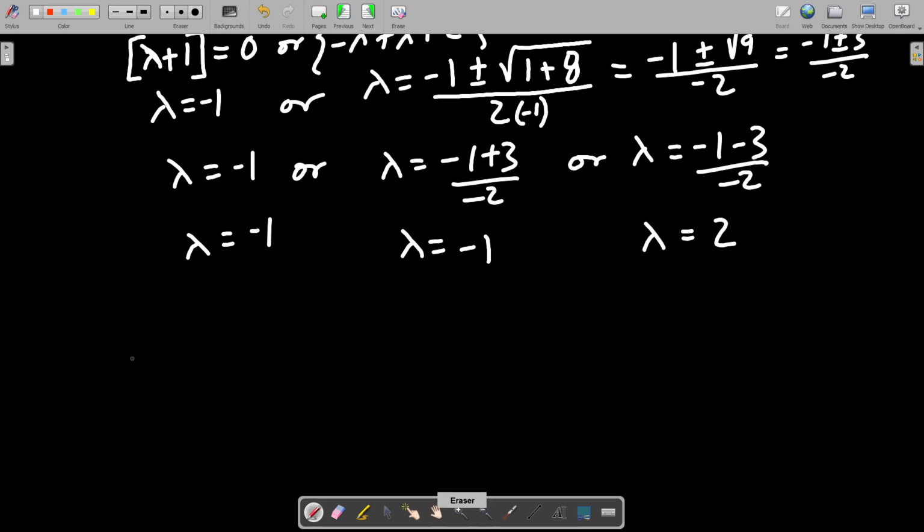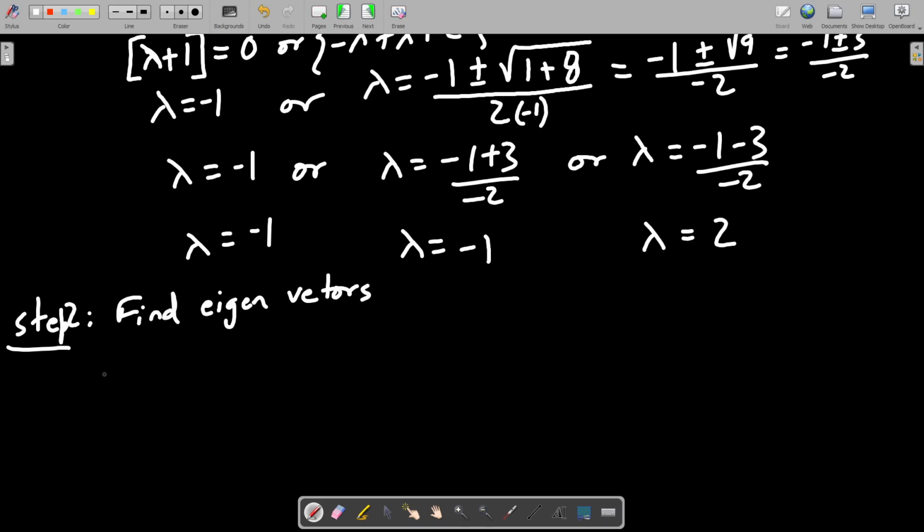Okay, so let us find the eigenvectors now. Step 3. So A minus, A minus minus 1.